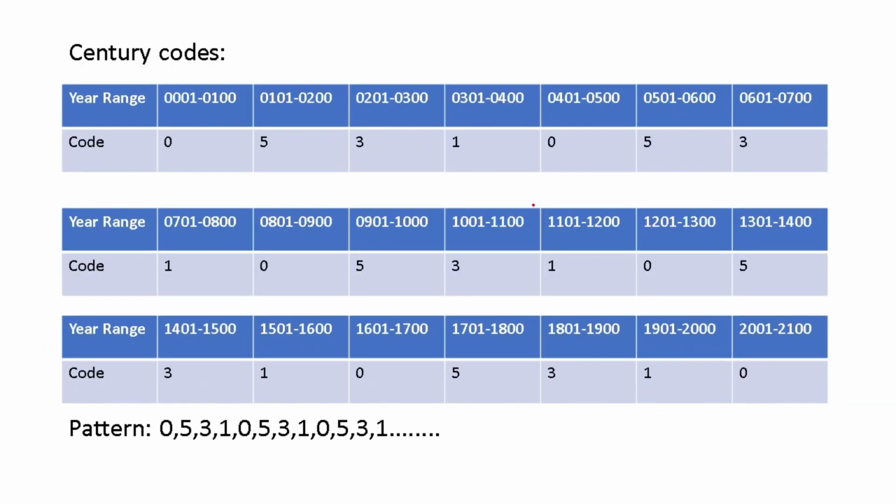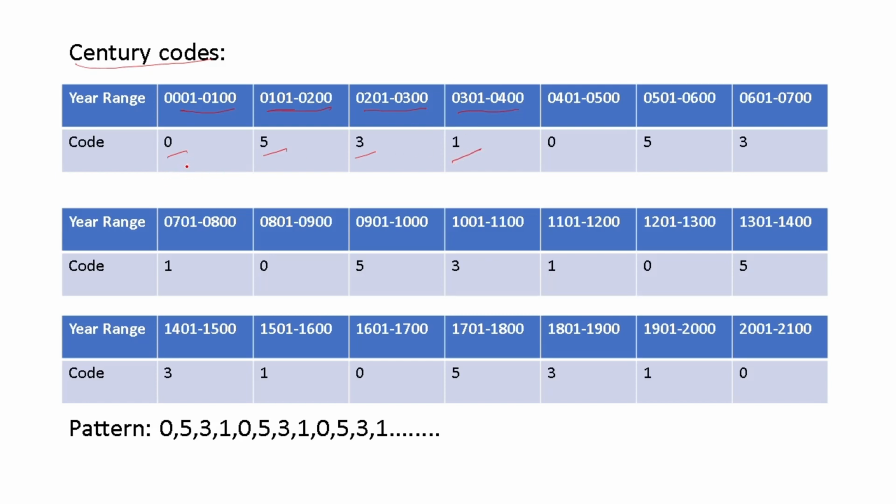And now we are going to discuss century codes. If the year range is from 1 to 100 years, then it is 0. If the year range is from 101 to 200 years, then it is 5. If the year range is from 201 to 300, then it is 3. 301 to 400, 1.